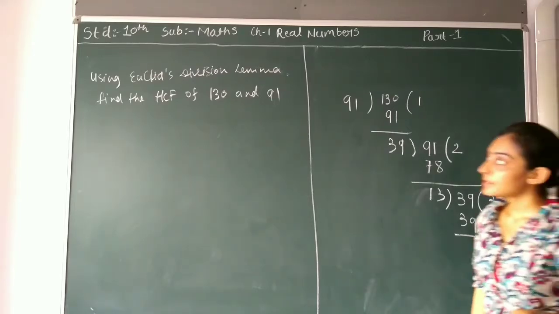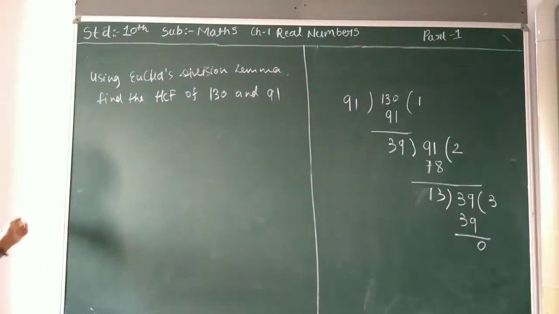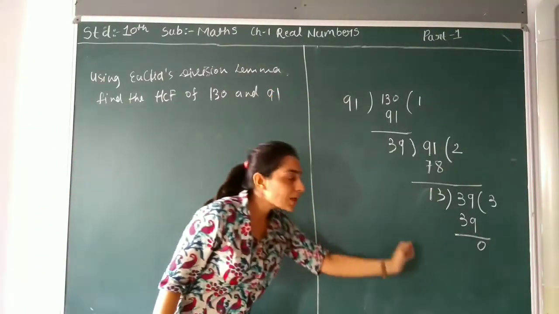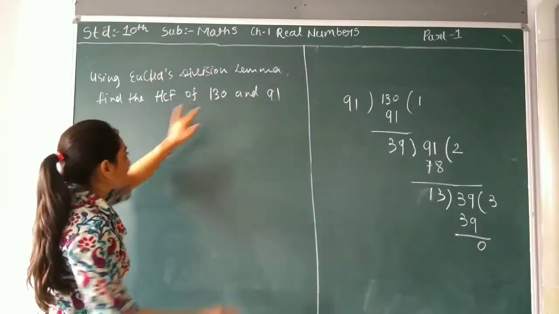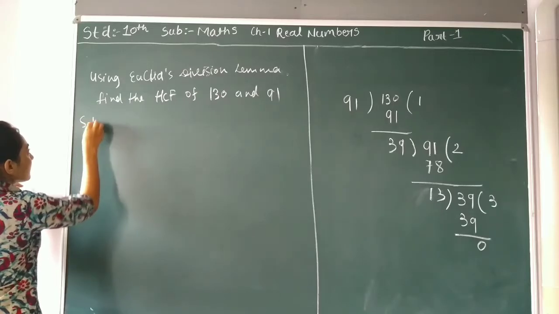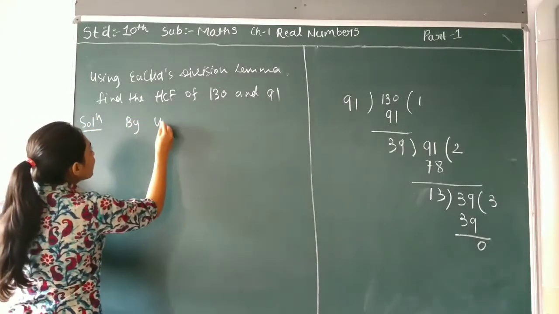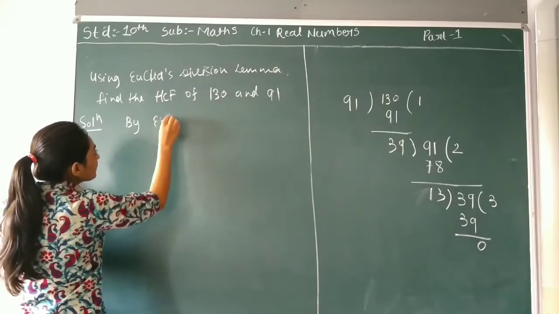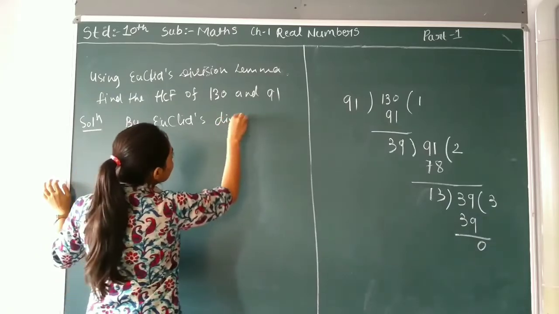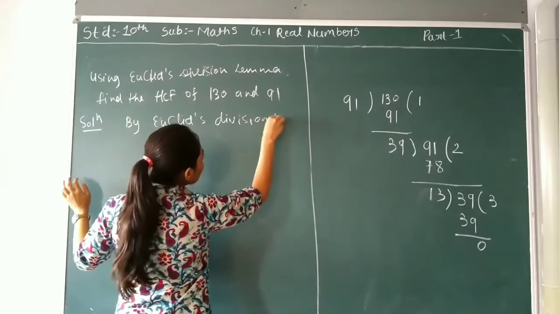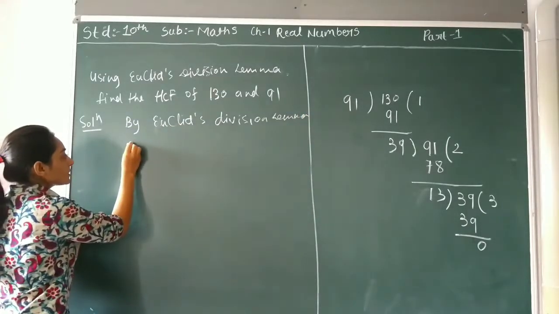Okay, here it says using the Euclid division method. Now how to write all these things? Now look over here. First, by Euclid's division lemma, what does the division lemma say?